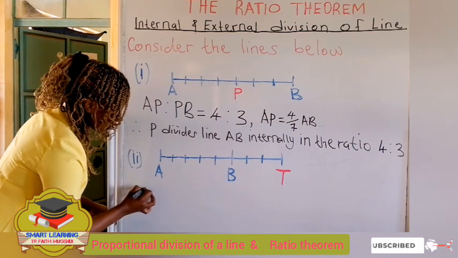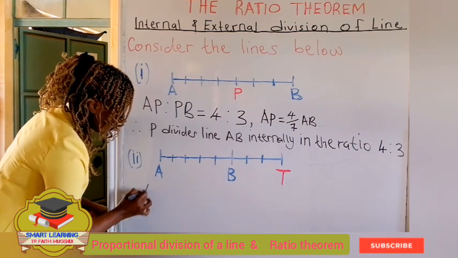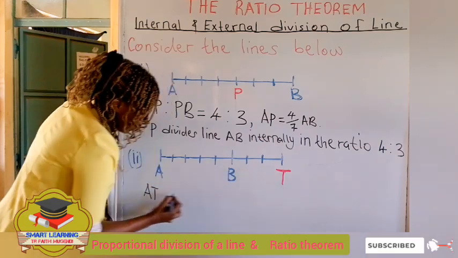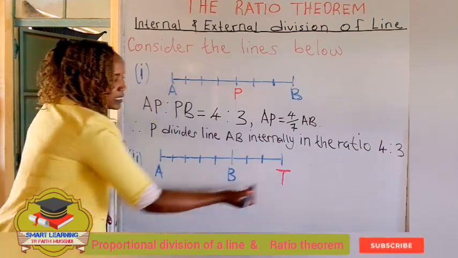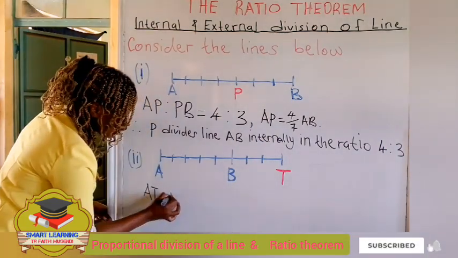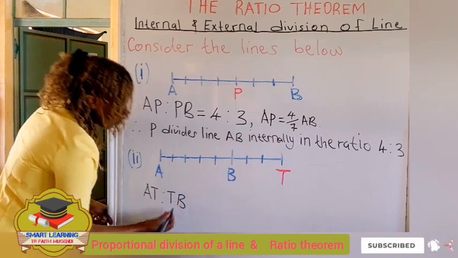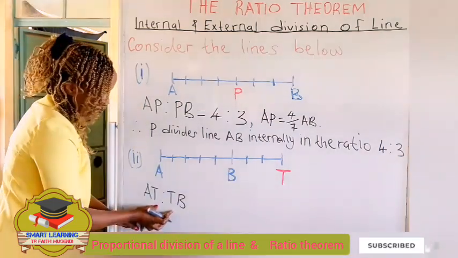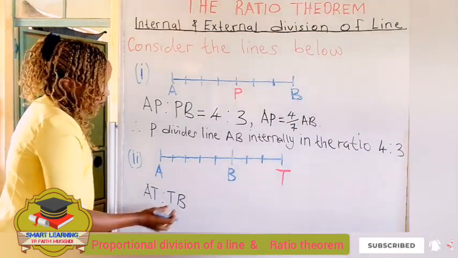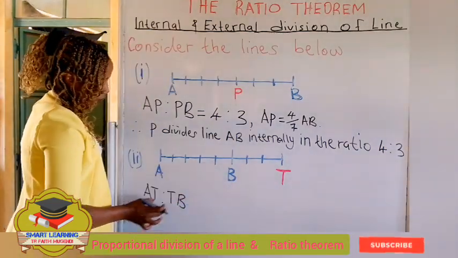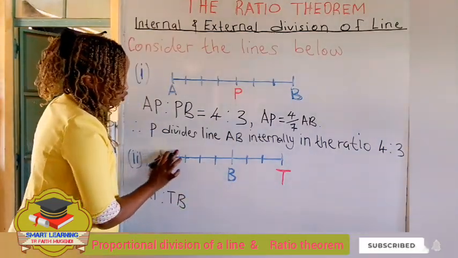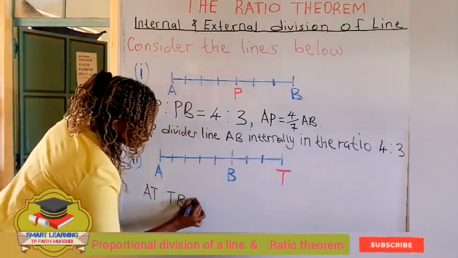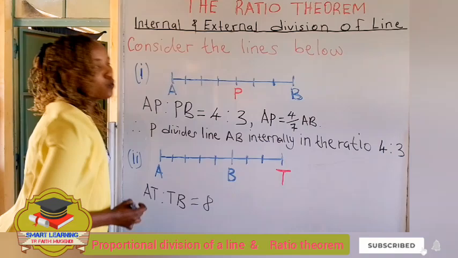We consider AT is to TB. The dividing point should always be at the middle. Therefore, AT is 1, 2, 3, 4, 5, 6, 7, 8 equal parts.